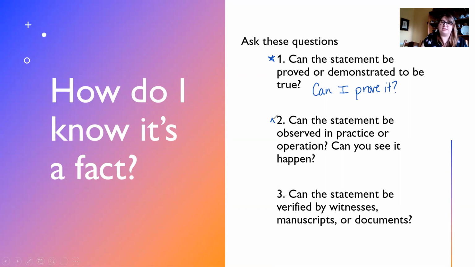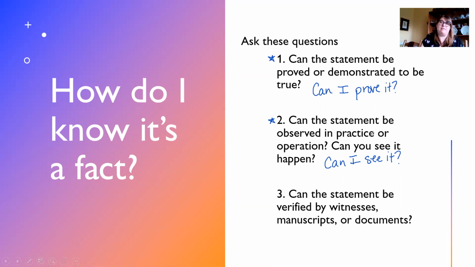Our second question we ask ourselves has to do with visual proof. Can the statement be observed in practice or operation? Can you see it happen? So really what this boils down to is, can I see it? My example from the last slide where we said that on a cloudless day, the sky is blue, that is a fact that we can prove by looking outside.